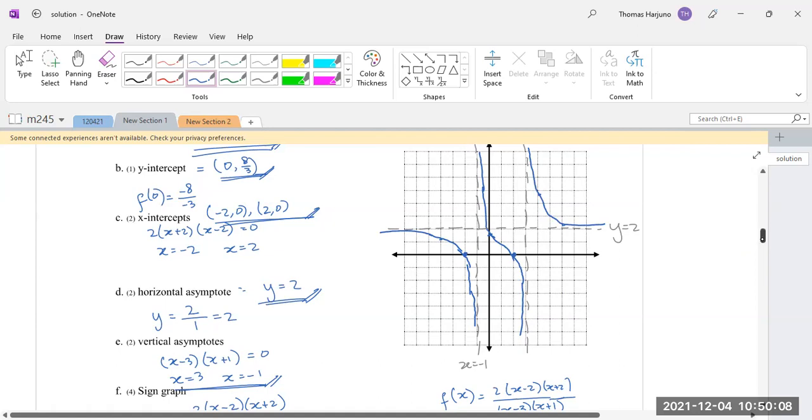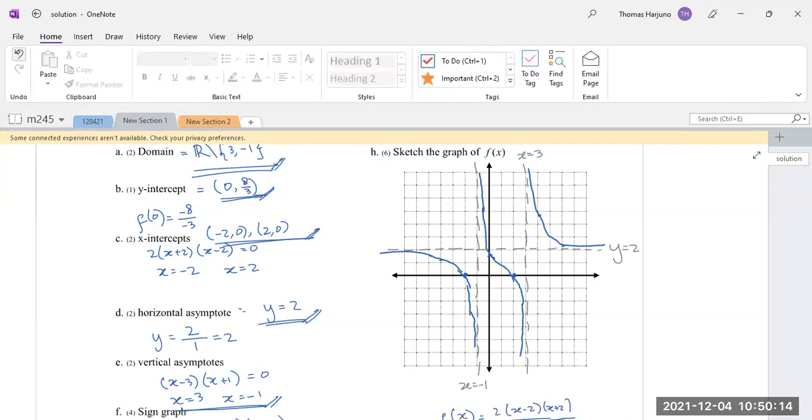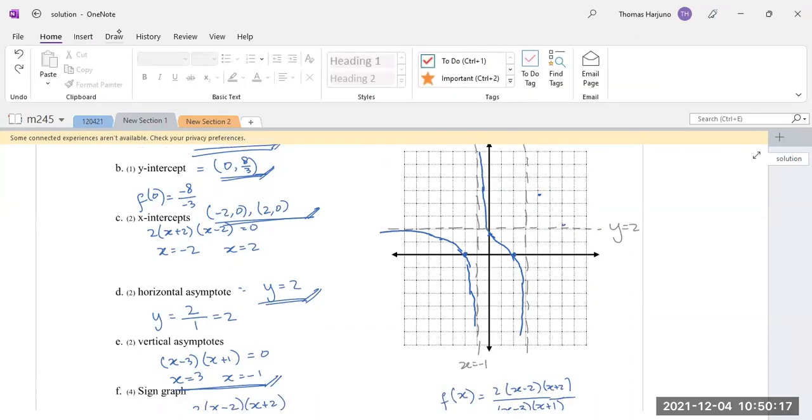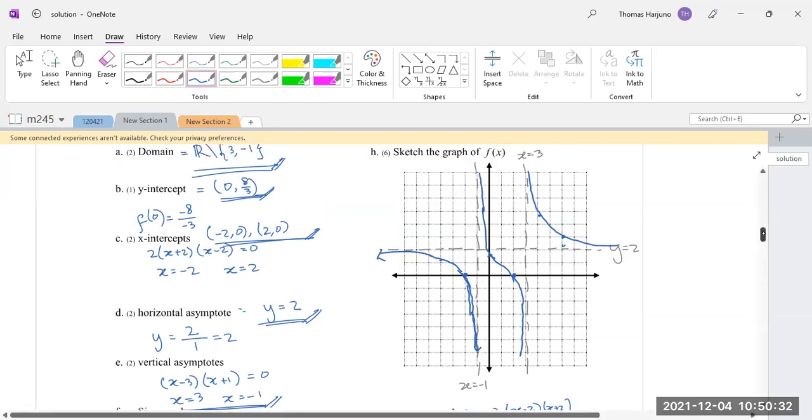And f(6) is approximately 3, not 2, my bad. So it should be approximately here. Yeah, okay. So approximately that's what you can plot more coordinates to have a better feeling about what the graph should look like.